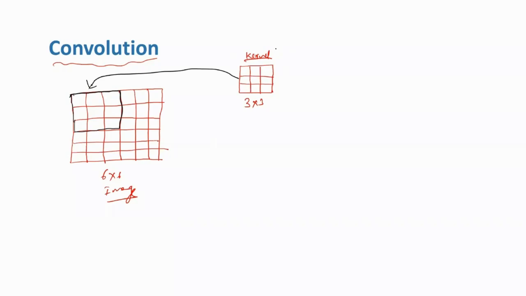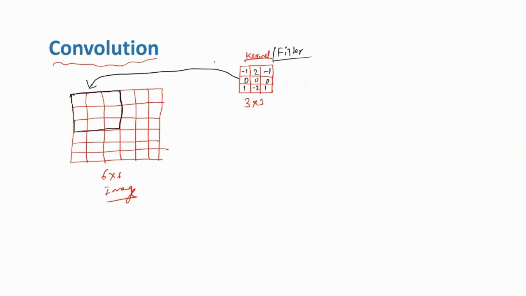This kernel, or we can also say filter, both are the same thing. What a filter will do is, it is basically trying to get the features from the images. How? We'll see that. Suppose this kernel is, say, -1, 2, -1, 0, 0, 0, 1, -2, 1. Okay, any value.